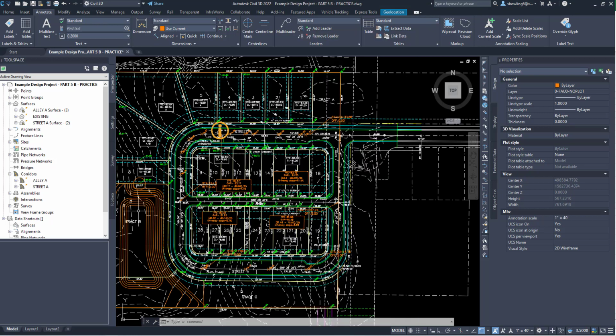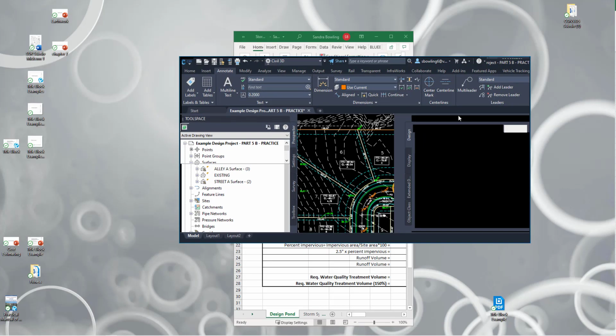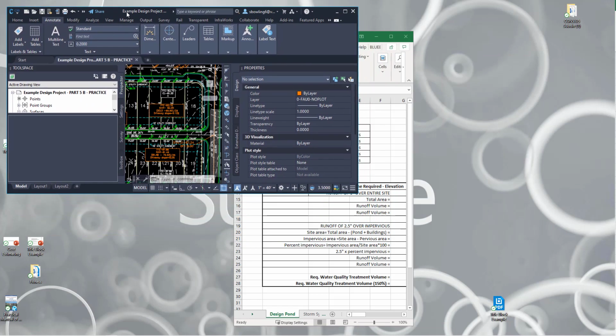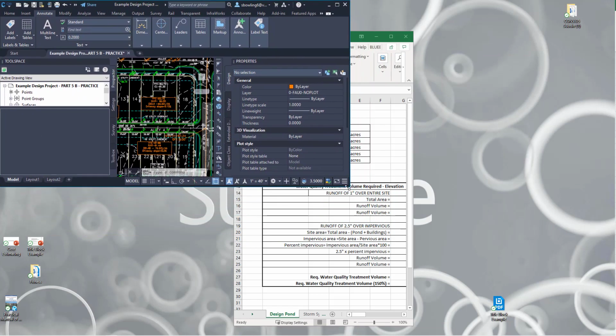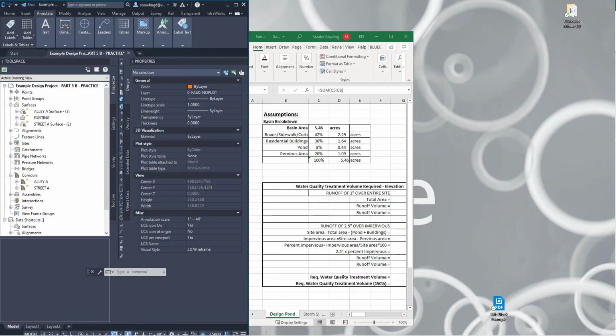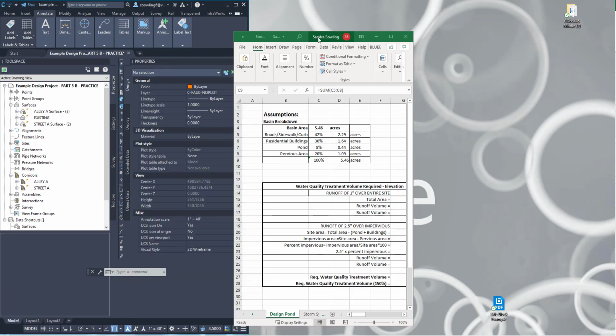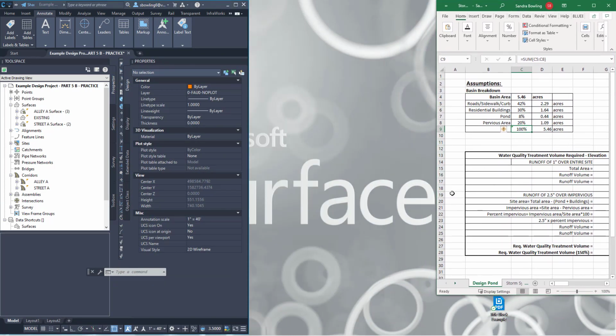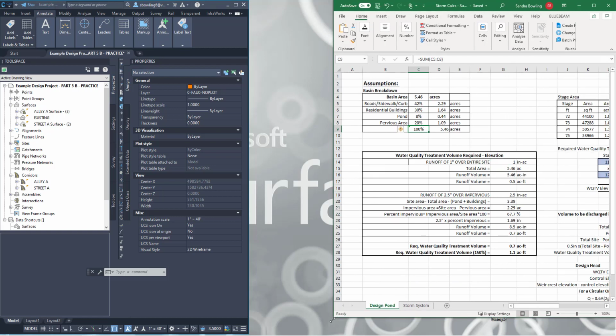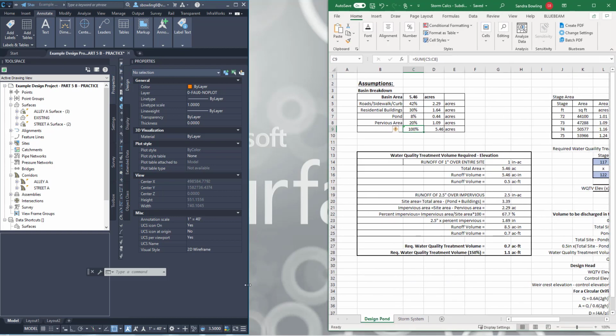For right now, my pond, let me squish this up so I can do side by side. So this is what I do at work. Between myself and the drafters I work with, we all kind of get bits and pieces.